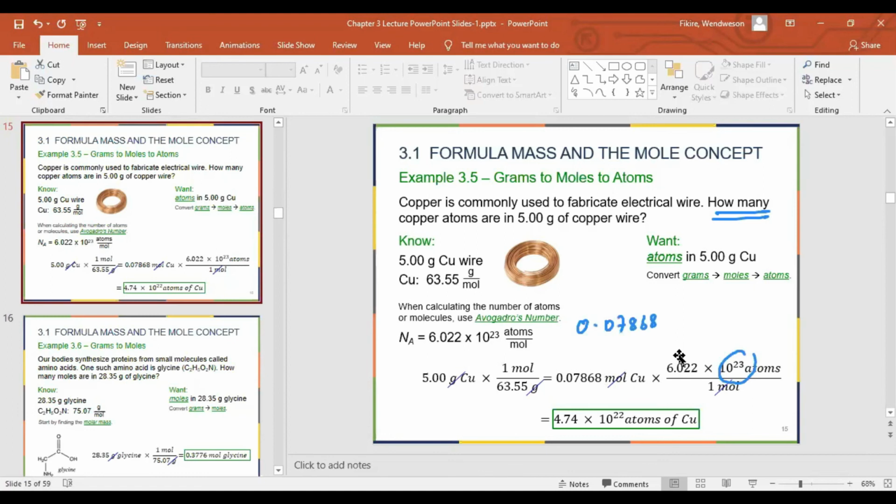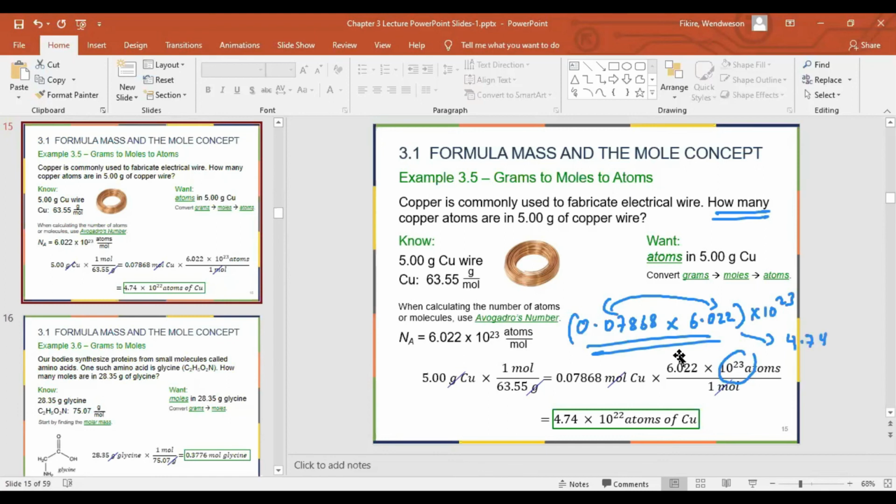We just say 0.07868 times 6.022 times 10 to the power of 23. Multiply only these numbers, the coefficient numbers. Leave 10 to the power of 23 alone, okay? Don't get confused with that. So when you multiply that, the calculator display will show you 4.74.